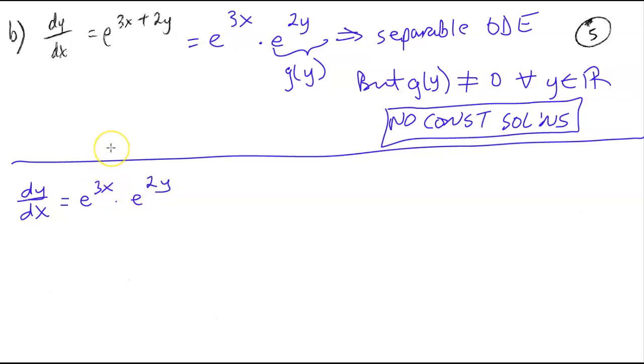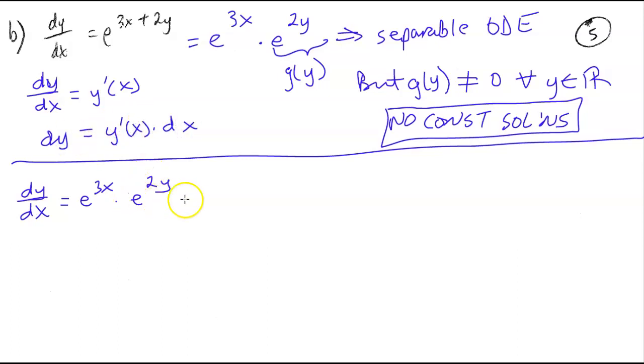And of course, if we look at this formally, we know that dy over dx is equal to y prime of x, which means that dy is equal to y prime of x dx. Okay. And so if we did this formally, we would just replace the dy over dx with y prime of x here.